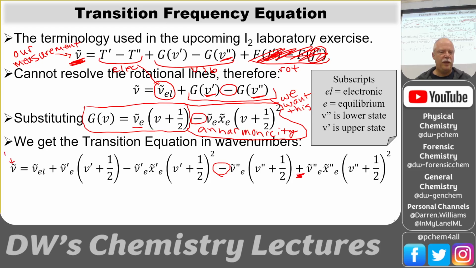So I'll just write this: peak picked frequencies, in wave numbers. And then we assign the quantum numbers.